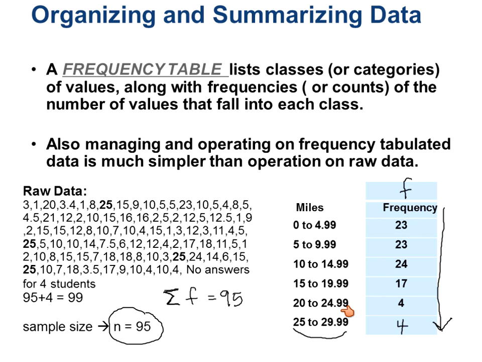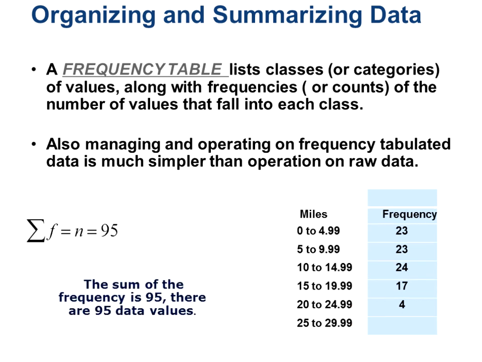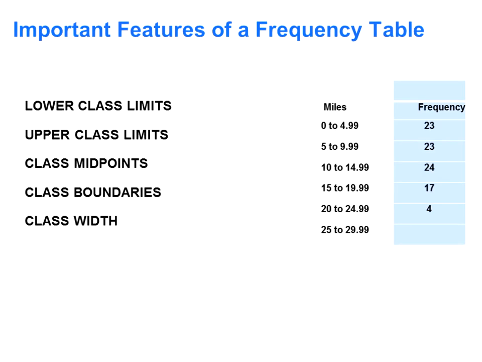And so we're just going to go over definitions right now, okay? All right, so this is what I've already said. I talked about the sum of your frequencies, how it's equal to your sample size, which happens to be 95. So we know there are 95 values. So I just finished talking about that. Okay, so here are the definitions.